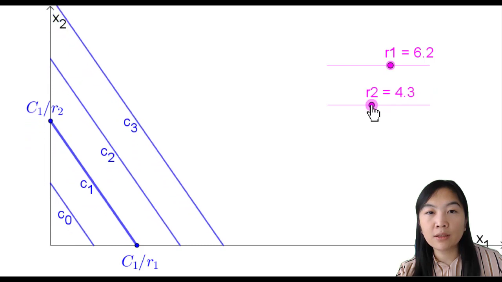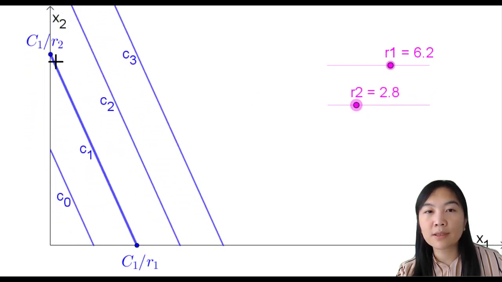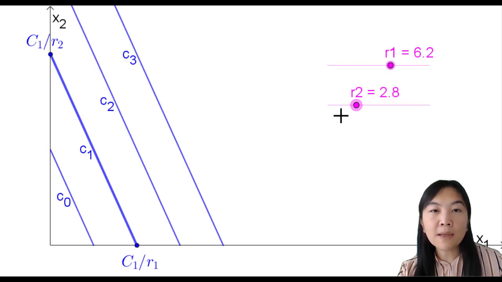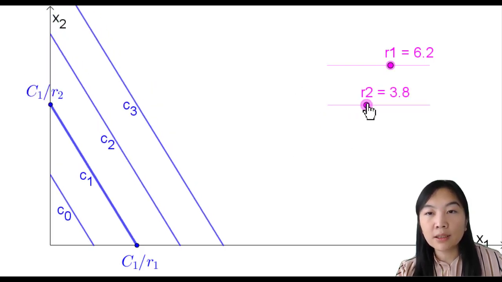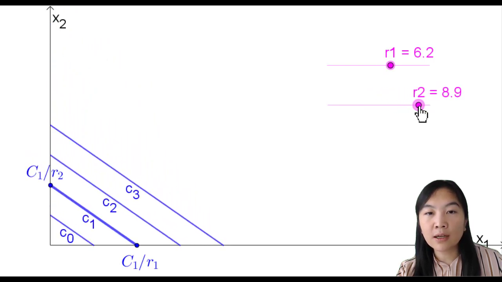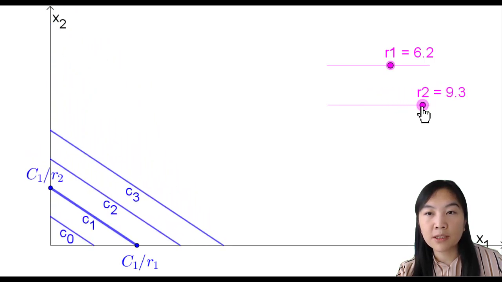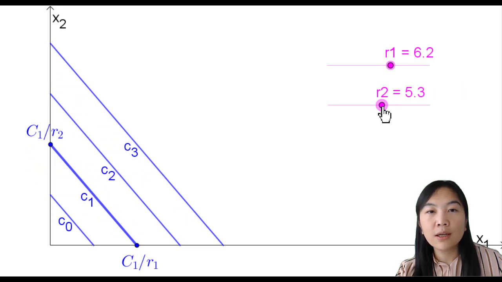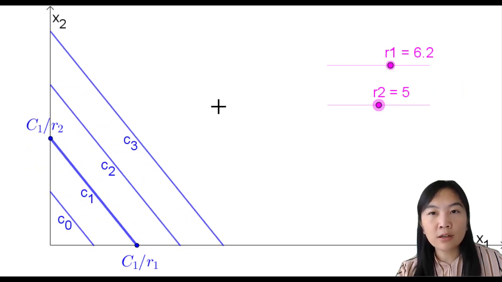So if we decrease R2, you can say that the isocost curve is becoming steeper. And if we increase the R2 value, then the curves are becoming flatter. So the slope of the isocost curves is decided by the ratio of R1 and R2. If you change either of these two input prices, then the slope will change.